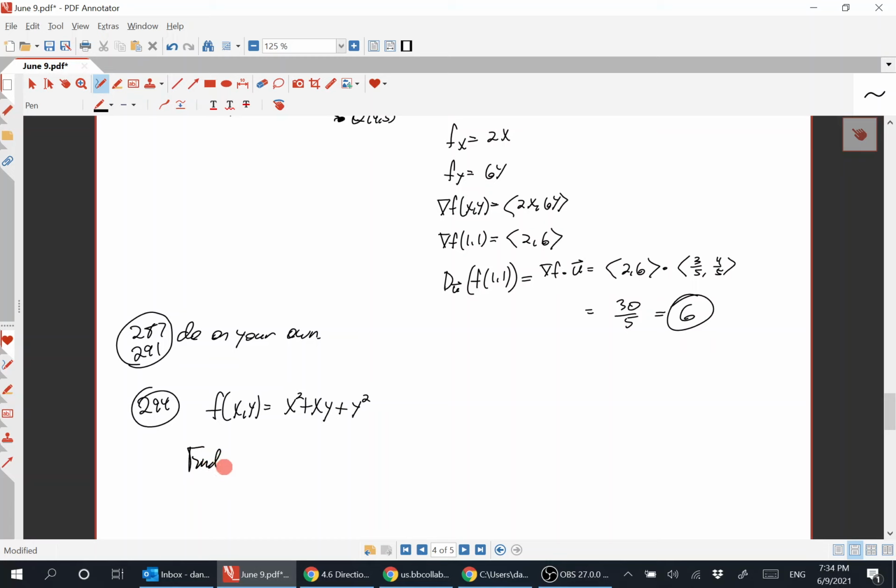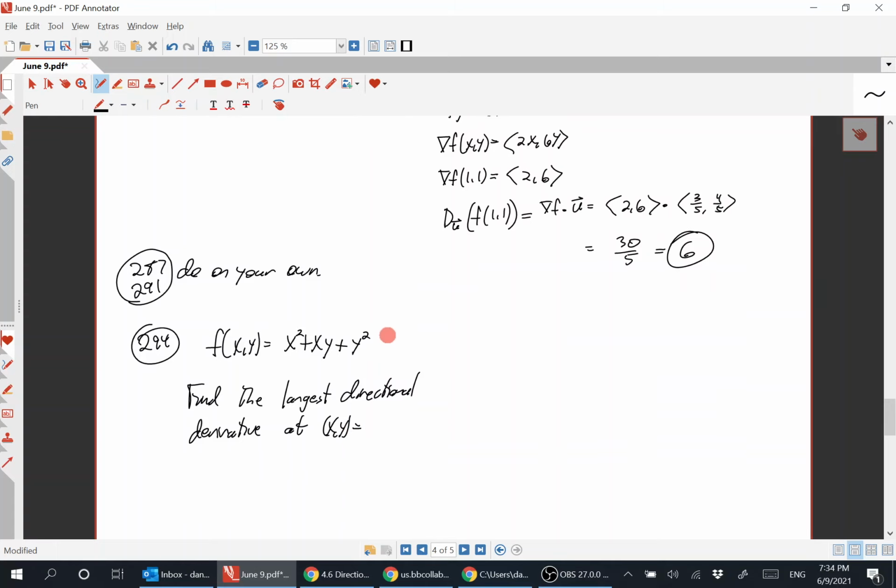So find the largest directional derivative at (x,y) equal to minus 5, minus 4.